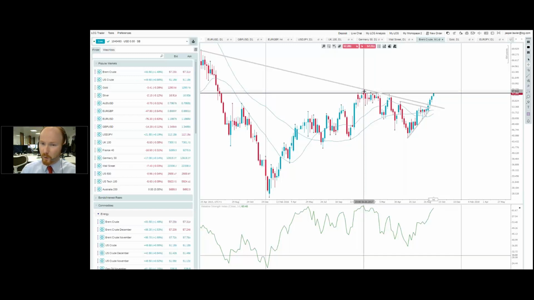Hard to tell at this point if we just correct all the way down to sort of 47, 45 again. Given the fundamentals, I'd be tempted to think that this, and the break of this trend line, is more sustainable. But maybe we need a proper retest of this declining trend line first.